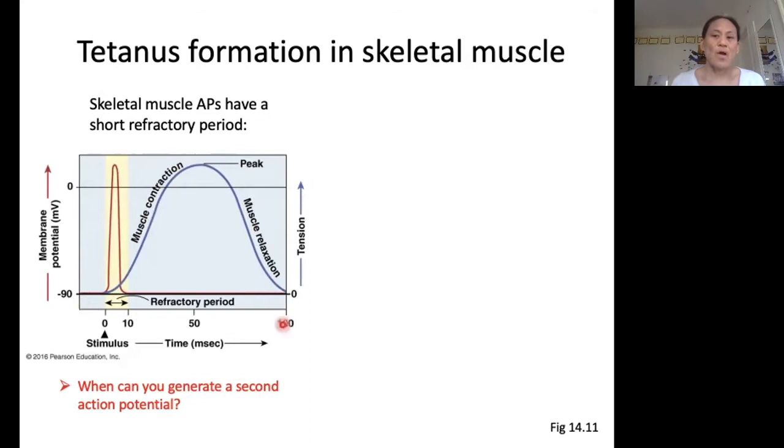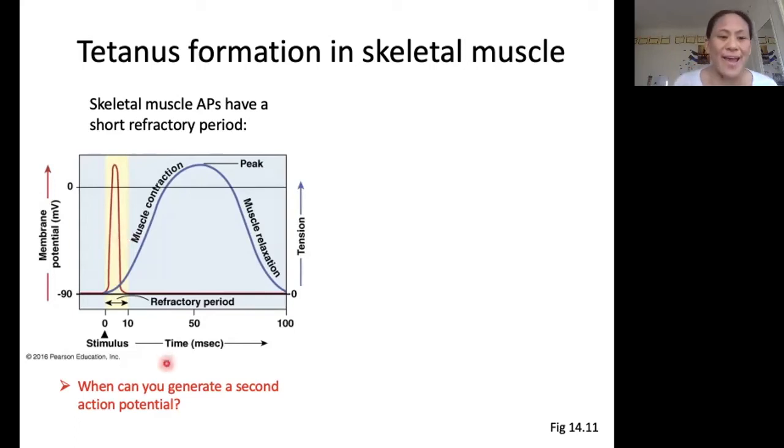What I want you to notice is that the action potential is pretty fast, but the muscle contraction lasts quite a while. It develops after the action potential happens. Moreover, shown in yellow is the refractory period for that action potential.